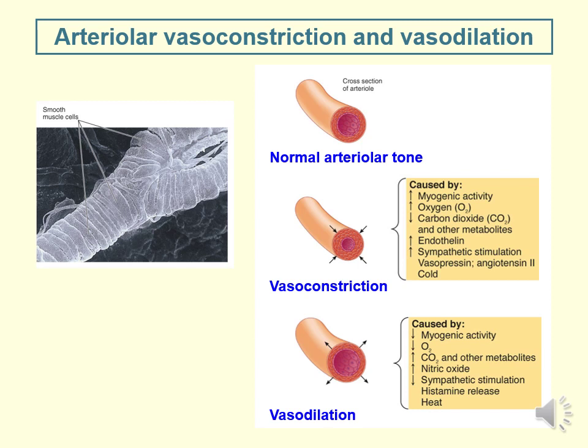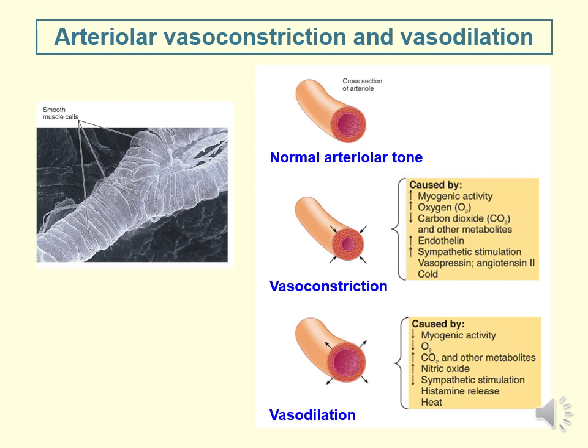Certainly some of the things which cause vasoconstriction, so our nervous system, in particular the sympathetic nervous system, and the neurotransmitter that's involved there is noradrenaline. So stimulation of the sympathetic nervous system will release the neurotransmitter noradrenaline. Noradrenaline acts on receptors on the smooth muscle cells, and this in turn causes the smooth muscle cells to contract.